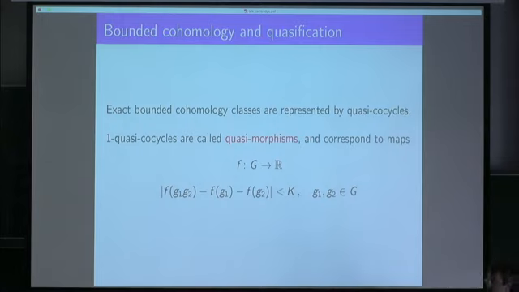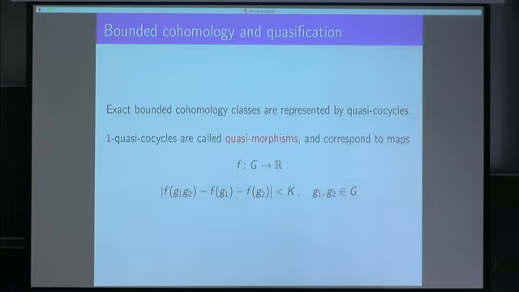And in the one-dimensional case, so when studying two-dimensional bounded cohomology, when studying exact classes, it boils down to studying one quasi-cocycles.